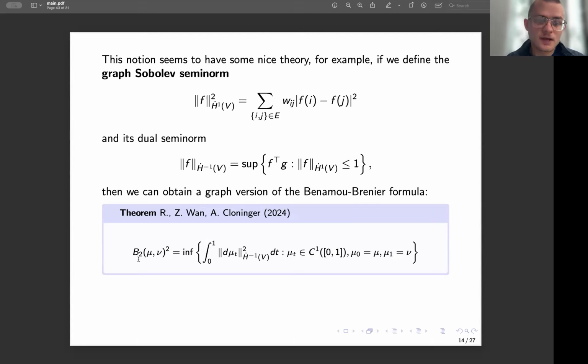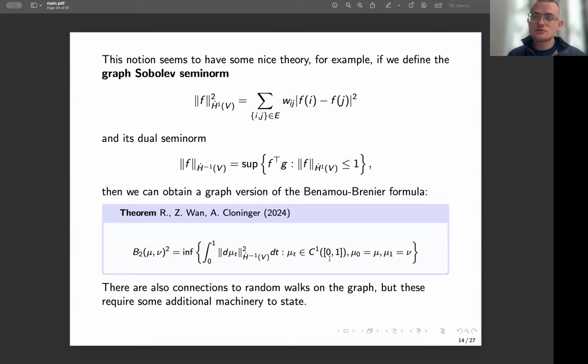We can recast Beckmann 2, or measure effective resistance, as an infimum over these length functionals for curves which begin at mu, end at nu, and are C1. This is another way to recast and think about this program on the probability simplex.